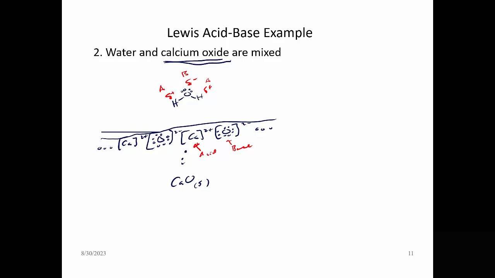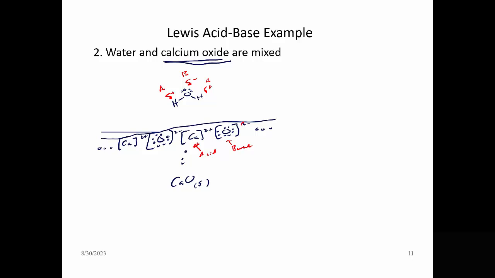What makes a good base? Good electron pair donor. And the electron pairs are negatively charged, so something that can donate negative charge. And so as far as that goes, oxide is the better base. Why?